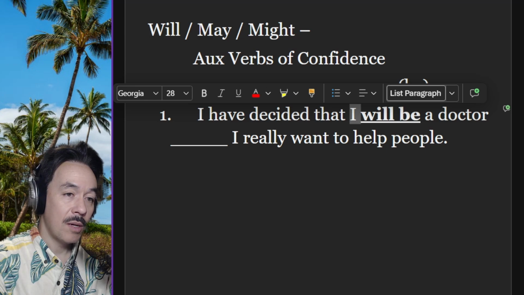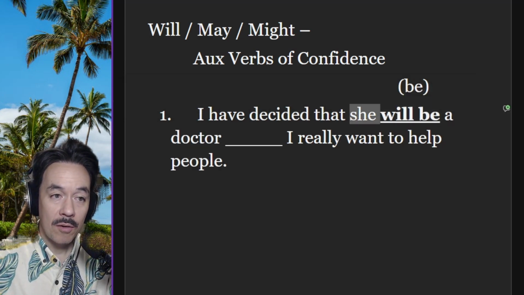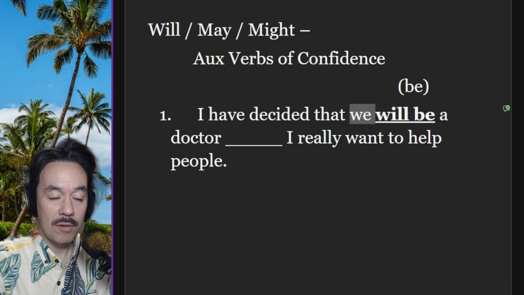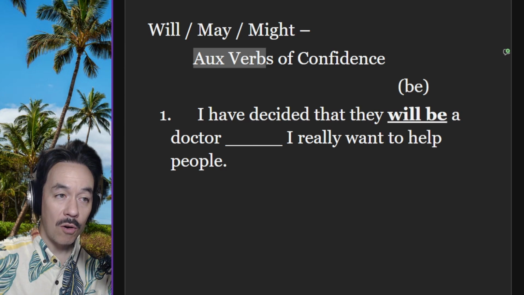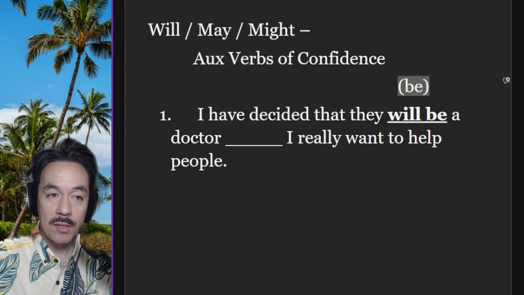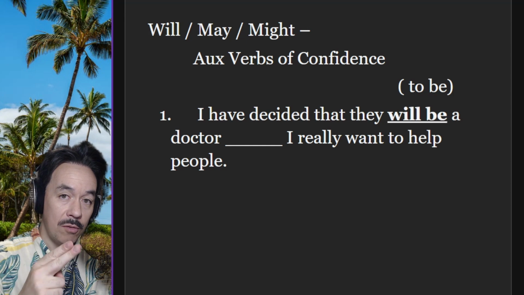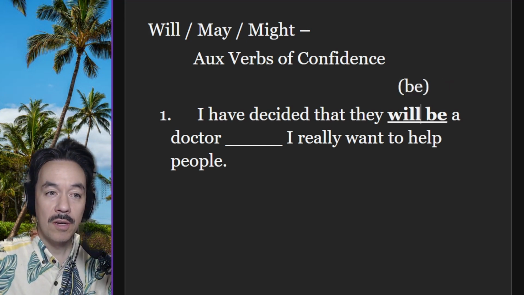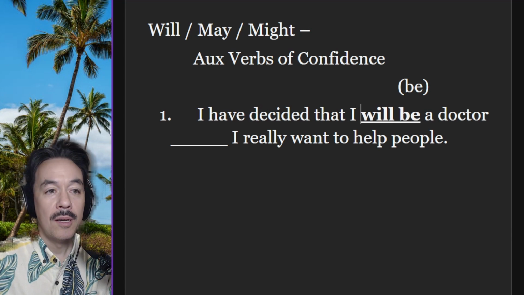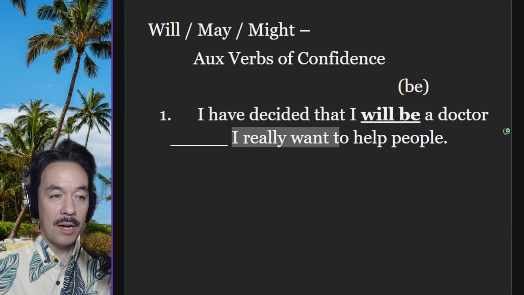Even if the subject is third person, she will be, or we will be, or they will be. The auxiliary verb always gives you this base version, which again is to be, cut the to, and then that's what you use. So, this should be I. Okay, so I've decided that I will be a doctor, blah, blah. I want to help people.